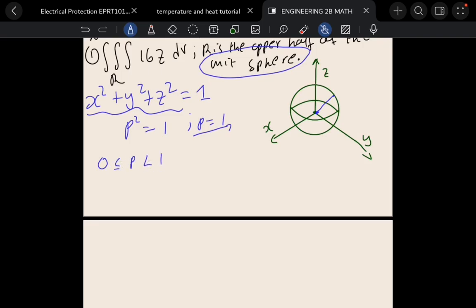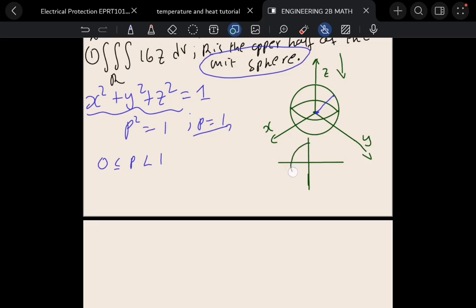Right. Now, what will be your value of theta? To get the value of theta, we need to draw the xy plane. In the xy plane, what do we see when we come at the top view?